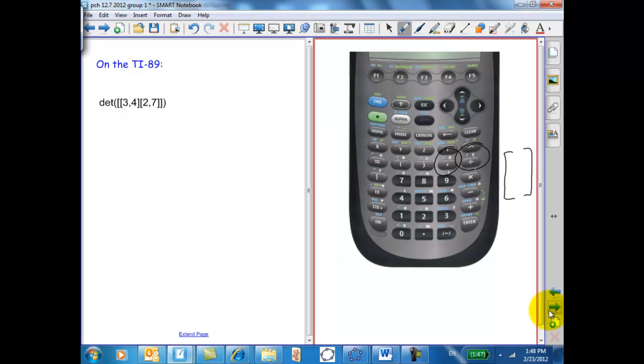Okay? So this would be 3, 4 on the top and 2, 7 on the bottom? Yes. 3, 4. You can put spaces in if you want, but I find it easier to do the comma than the space, because the space requires an alpha press. And you don't put commas between the rows, because you've got the brackets to do that.